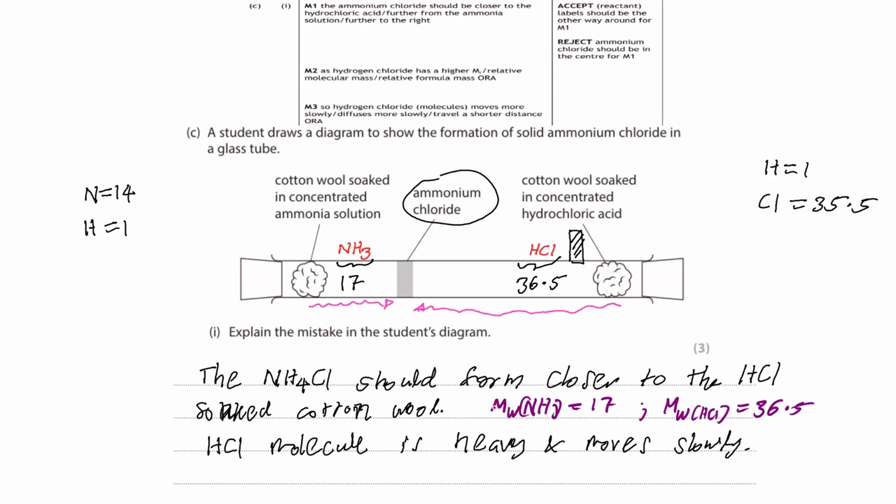You can show that its molecular weight is higher, because they say that as hydrogen chloride has a higher relative molecular mass, relative formula mass. So they are expecting that, rather than just saying it's heavy. That's the perfect answer. Then only you get 3 marks: 1, 2, 3. I wrote that answer incompletely, so I might get 2 marks based on the scenario. So we have to be careful when writing the answers for these questions.